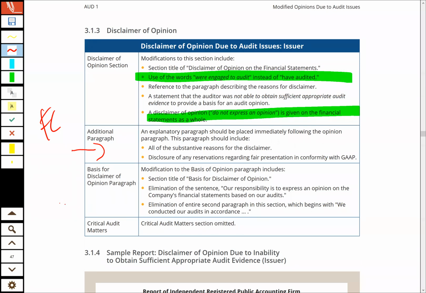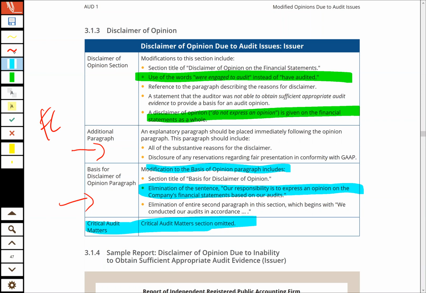Basis of disclaimer is going to be a long list of things that you don't like. So don't say in there our responsibility is to express an opinion, because you're not expressing an opinion. The critical matter section, flashcard, should be omitted. Now we're simply going to omit it.